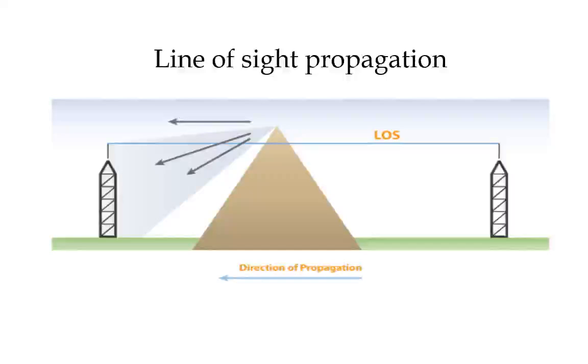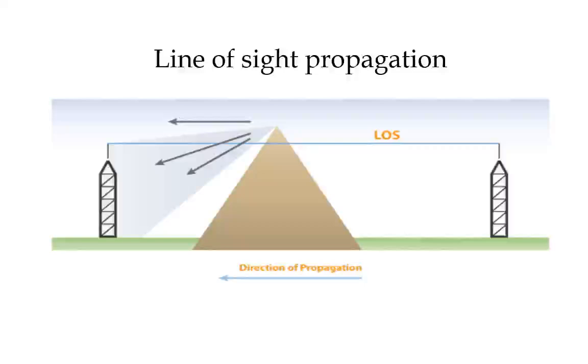There is a triangle-shaped disturbance in between, so there would be loss of signal. So we need line of sight as a straight line. It is not an absolutely straight line; there might be a deflection of 10 to 15 degrees, not more than that. If it is more than 15 degrees, it won't support.